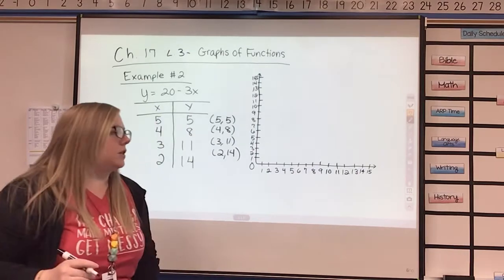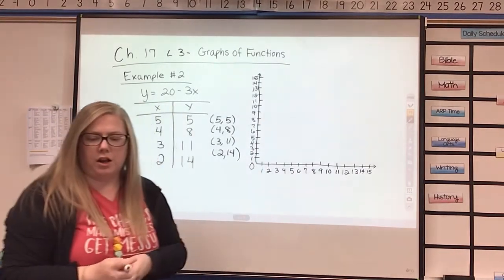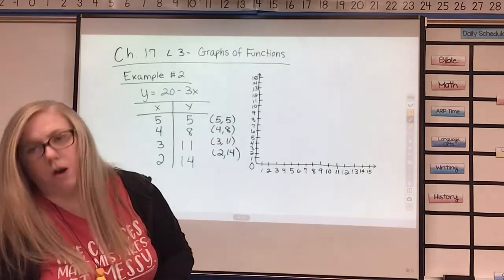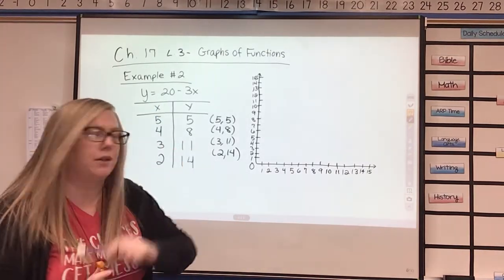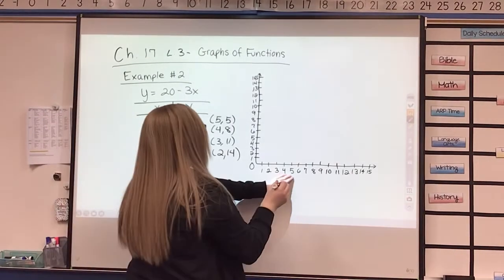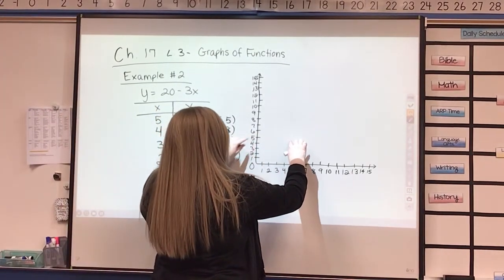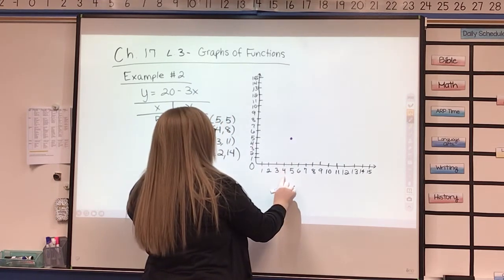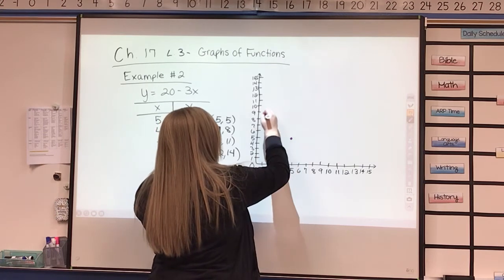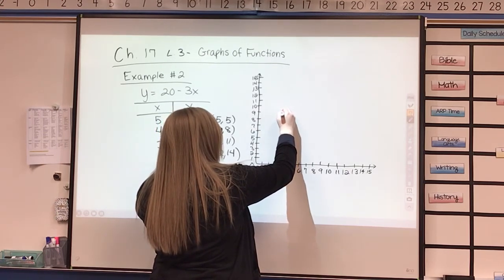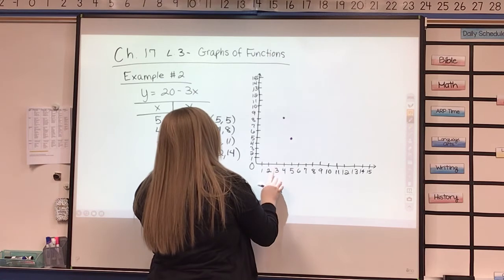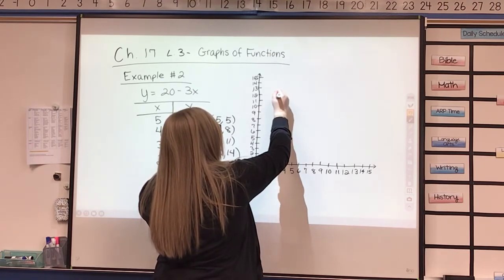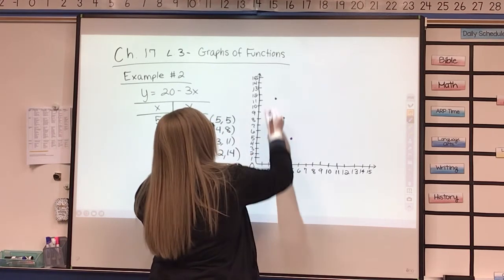Okay, so I have 15 here and 15 there, and I always kind of like to do my dots in color. You don't have to, pencil is fine, but I'm going to use color. So I have 5 and 5, 4 and 8, 3 and 11, and 2 and 14.